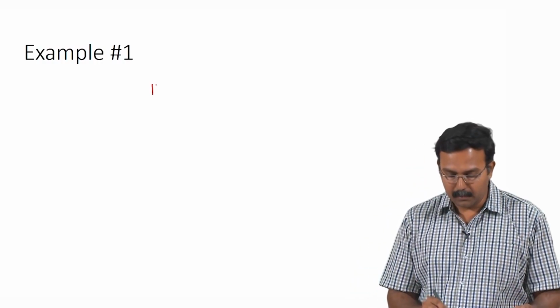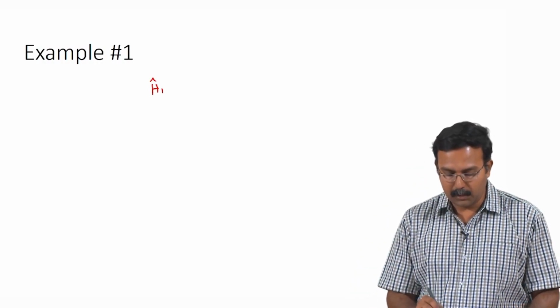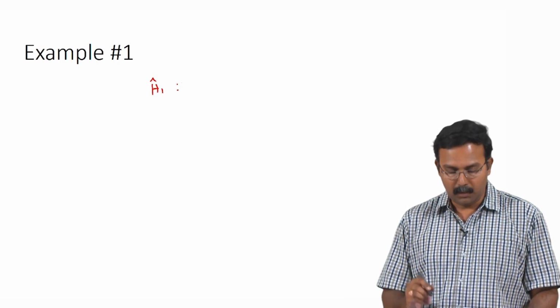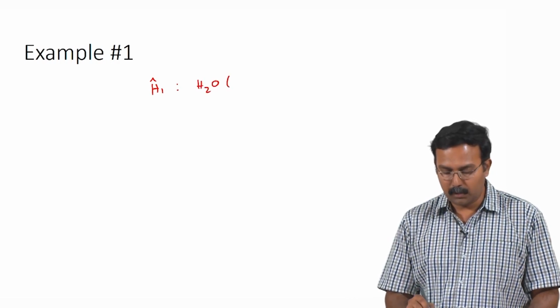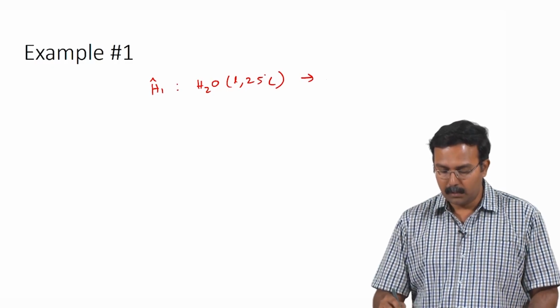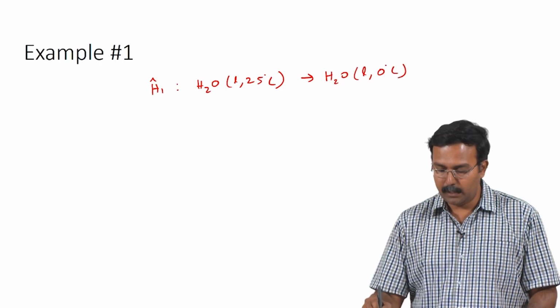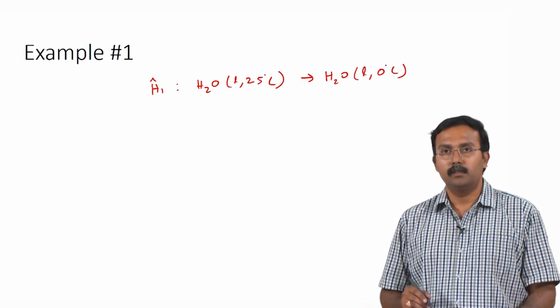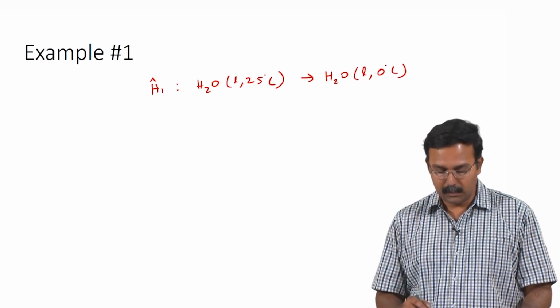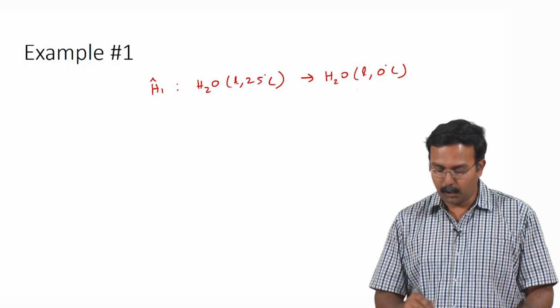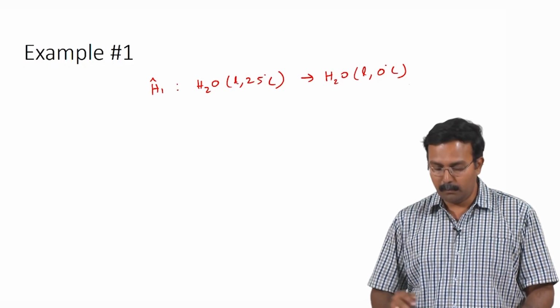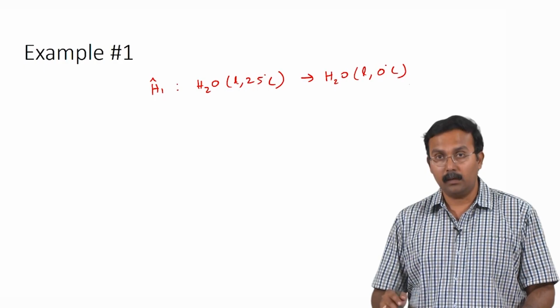So, for H1 cap, we basically have a process where water from the reference state, which is water liquid at 25 degrees Celsius, becomes water liquid at 0 degrees Celsius. So, all we have to do is identify this process and we will be able to calculate the enthalpy.